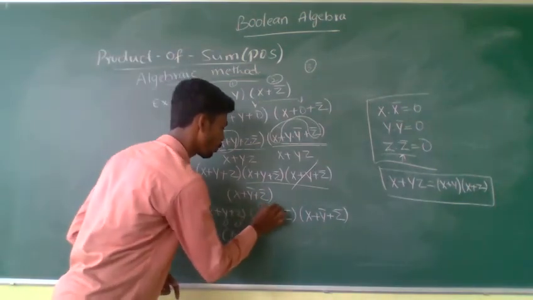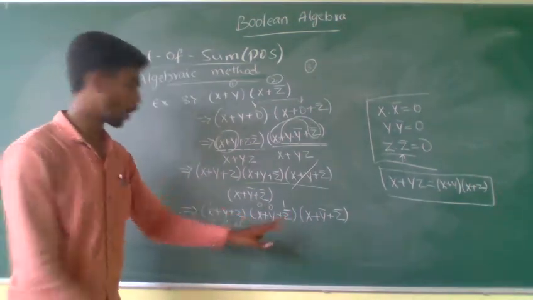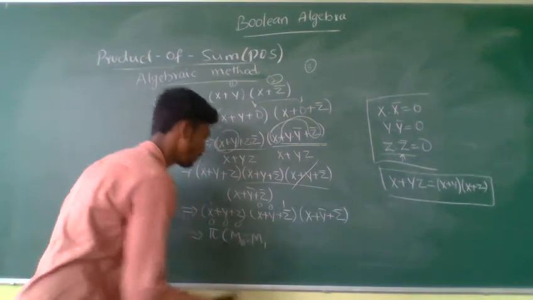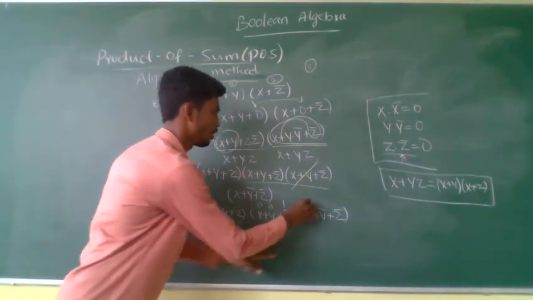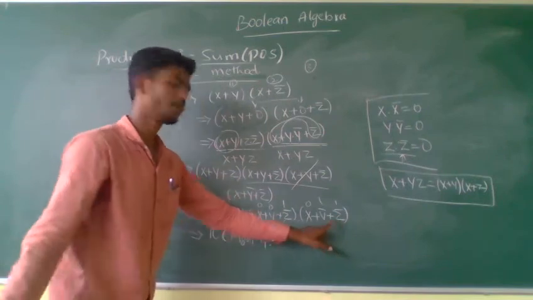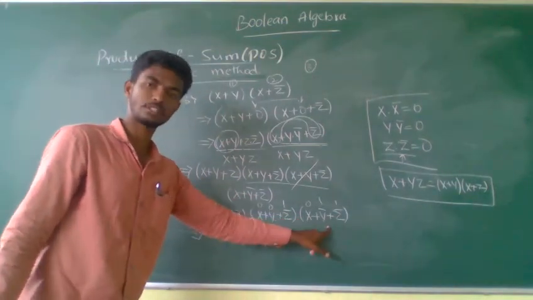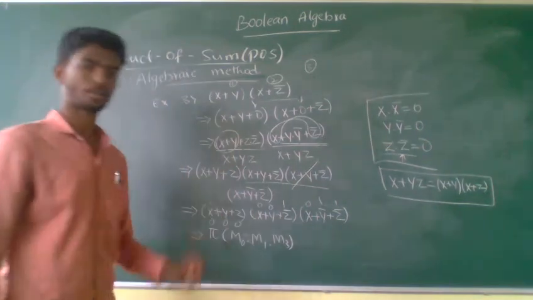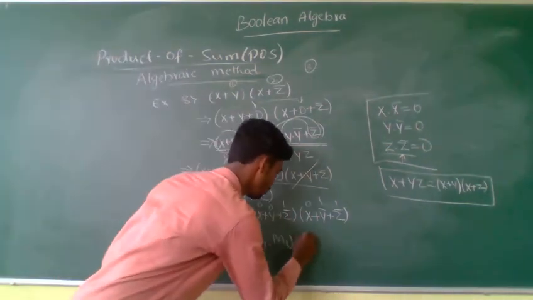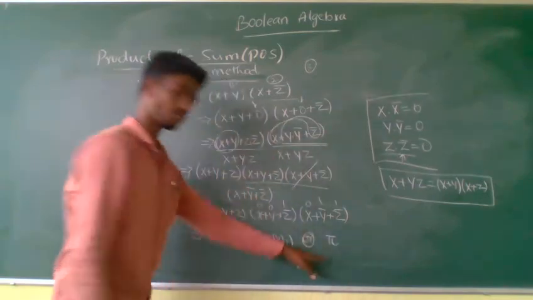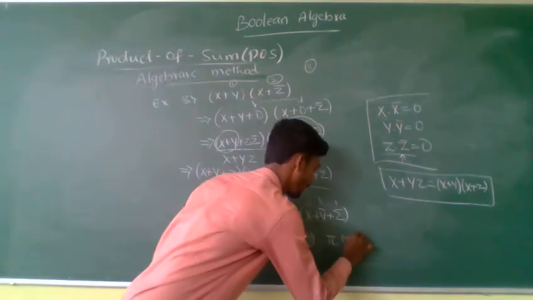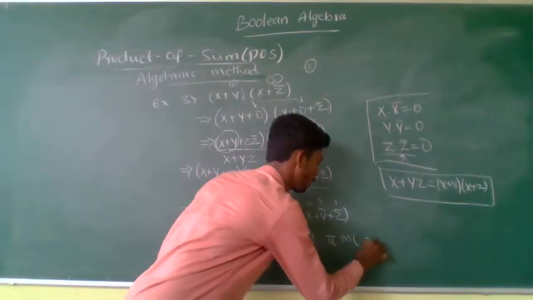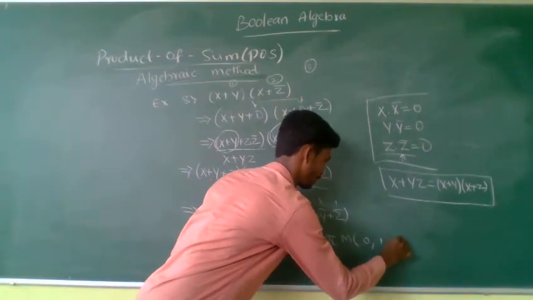Here 0 0 and 1, where this is the value 1, M1, and 0 1 1 is 1 2 4. So 1 plus 2 is 3. That is M3. This is the shorthand notation, or else you can also write it as pi M of 0, 1, 3, like this.